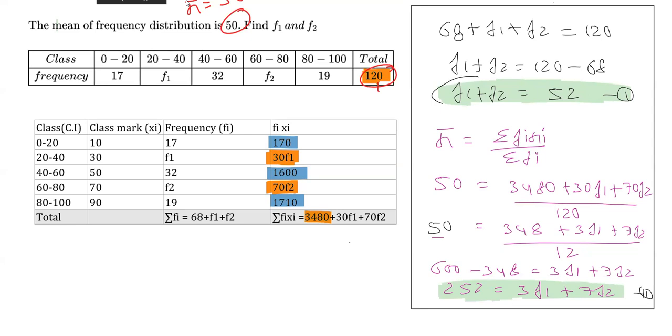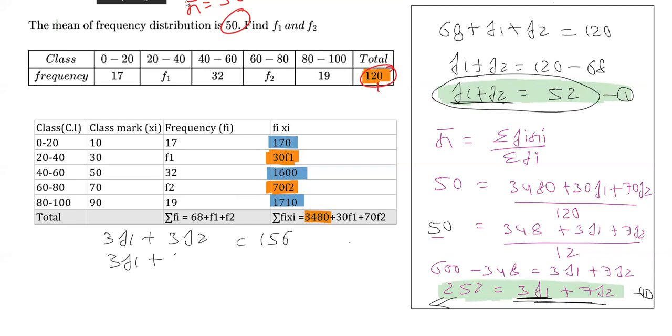Let's say I multiply equation 1 by 3, as I am equating F1 here. This will give you 3 times F1 plus 3 times F2, and on the right, 3 times 52, which is equal to 156. And the other equation is 3F1 plus 7 times F2 is equal to 252. Now for elimination, we'll subtract, changing the sign.